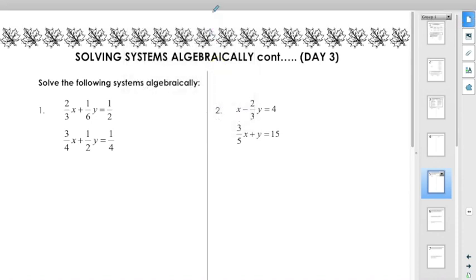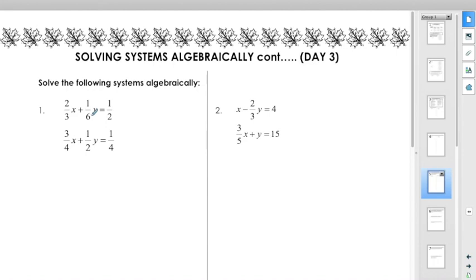So one thing I'm going to teach you guys here is if we have all these different fractions, right? 2/3, 1/6, 1/2. Well, I want you guys to start multiplying by the biggest factor, I should say. Okay? 6 is a multiple of 3, and 6 is also a multiple of 2.